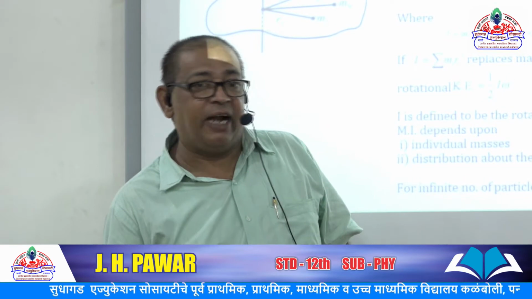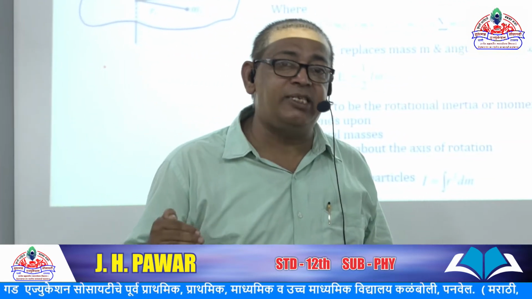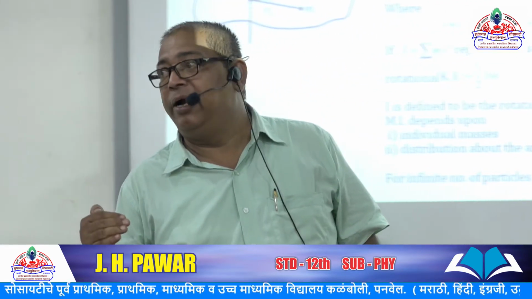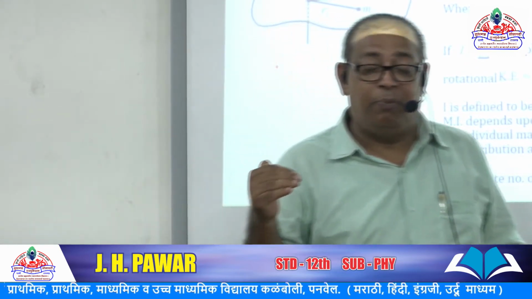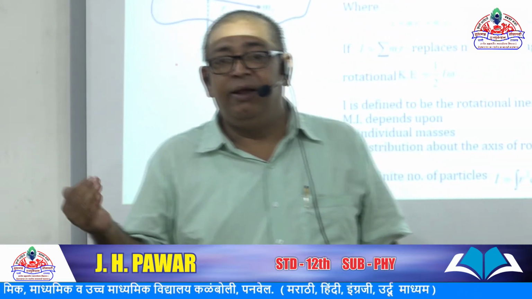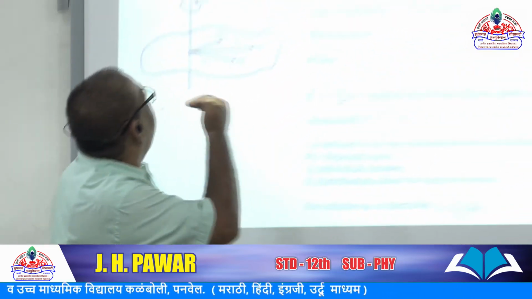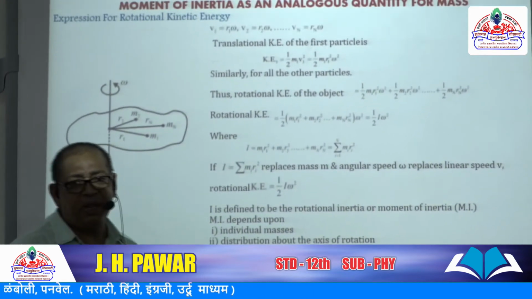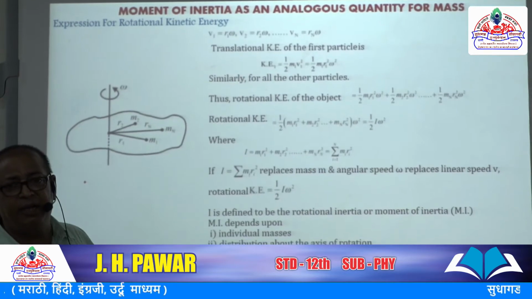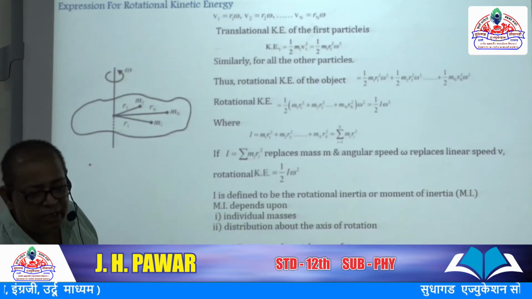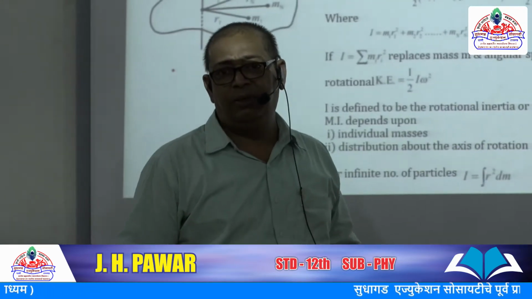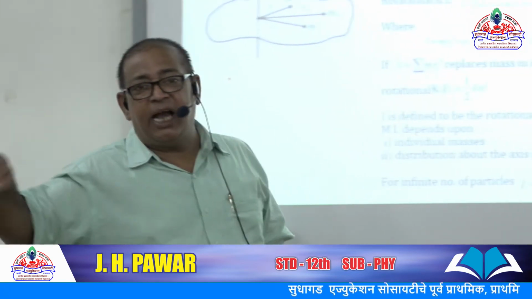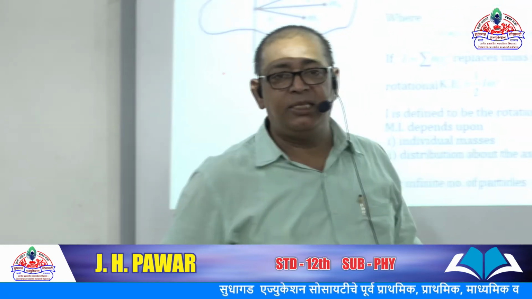To find the exact relationship between mass and this quantity, we come across the expression for rotational kinetic energy. Actually, the rotational kinetic energy of a body is nothing but the sum of the translational kinetic energies of individual particles.